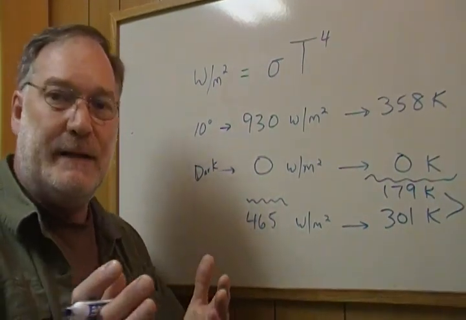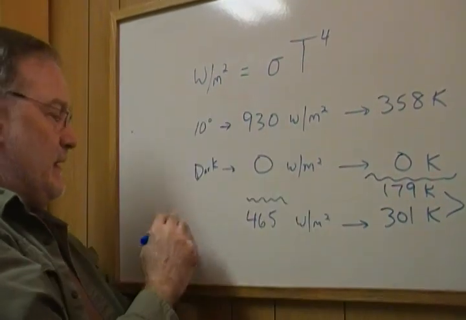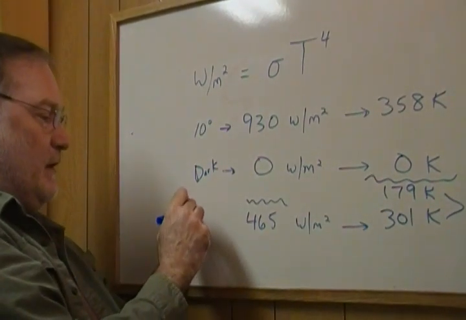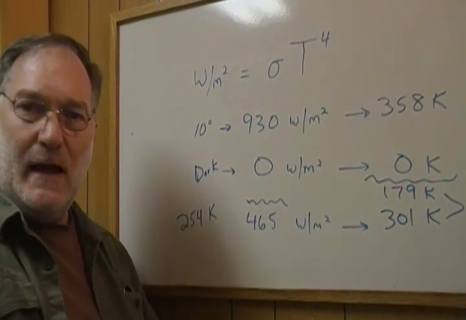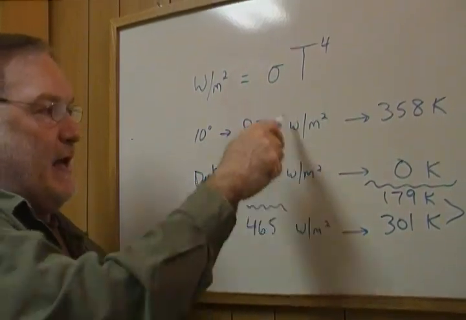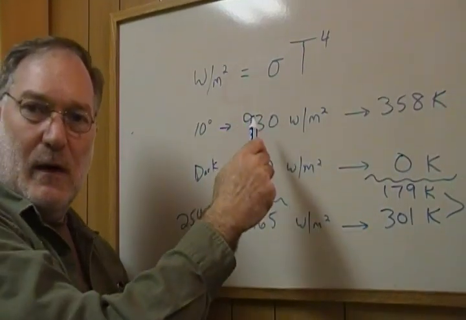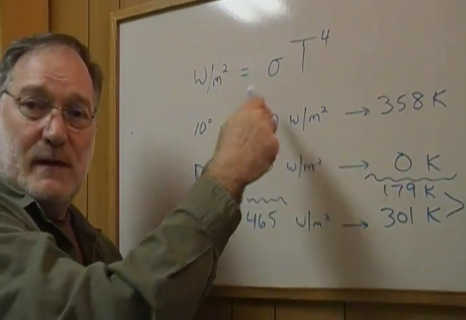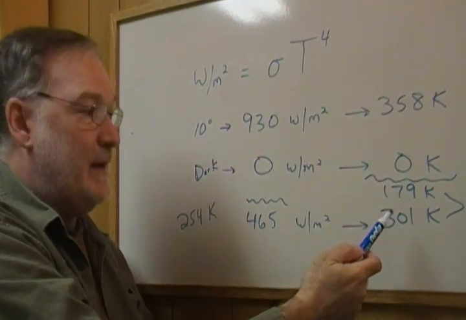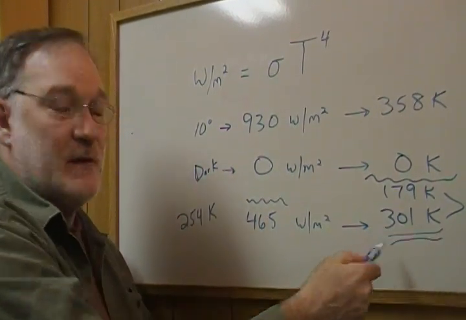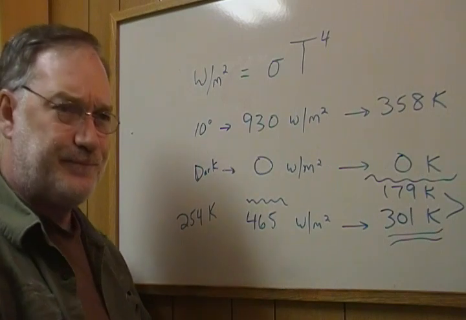And this is why the idea that the Earth's temperature is 254 Kelvin is an error, because what they're doing is averaging all the radiation points first and then deriving an average temperature from that, and they're always going to come up with something that's too high.